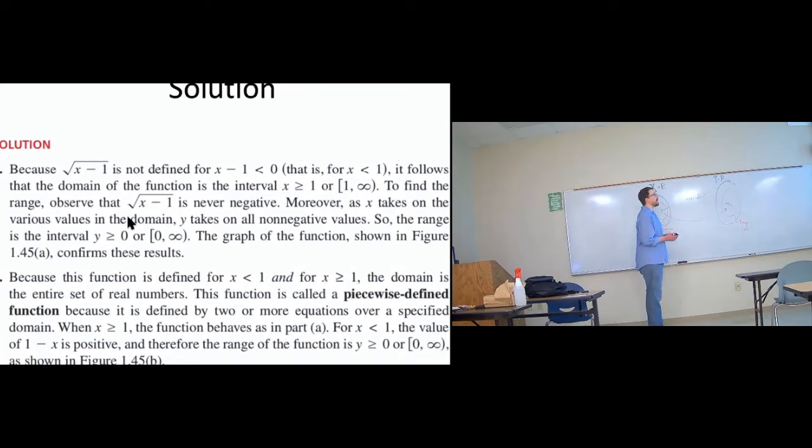So because of that, the domain has to restrict x minus 1 to values greater than 0. Notice they're answering this the opposite way of what we did. They're saying things less than 0 aren't defined. We were saying things greater than or equal to 0 are defined. They're just flipping what we're saying, right? Does that make sense what I mean?